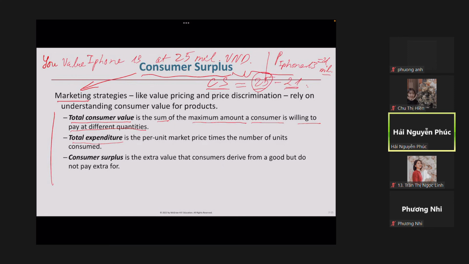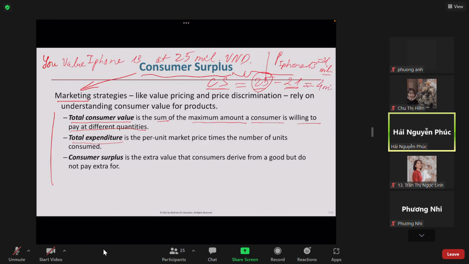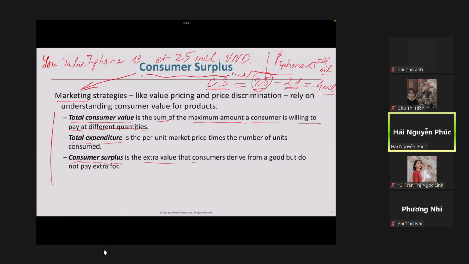So your consumer surplus is going to be 4 million. And here is the definition of consumer surplus: it is the extra value that the consumer derives from a good but does not have to pay for.